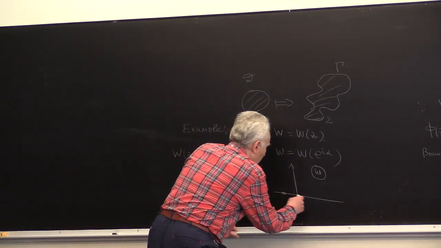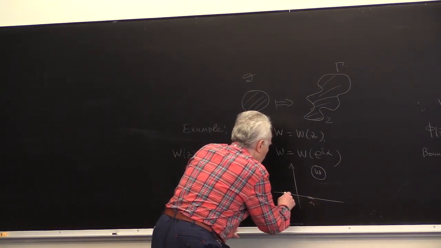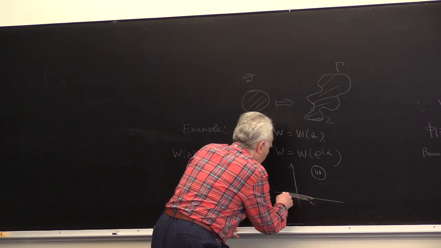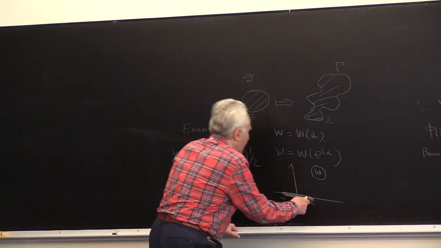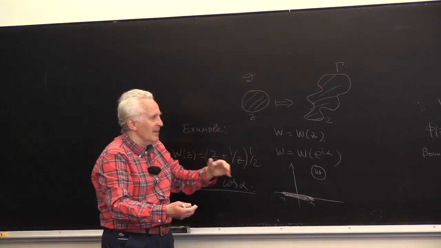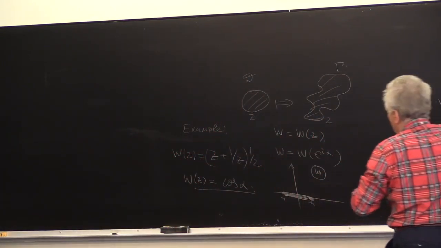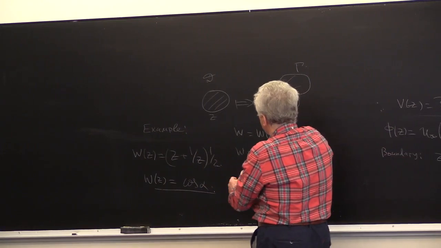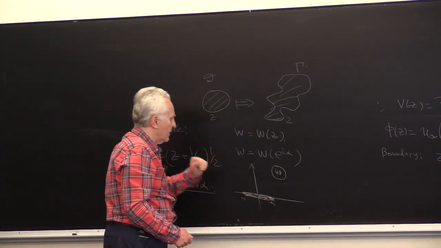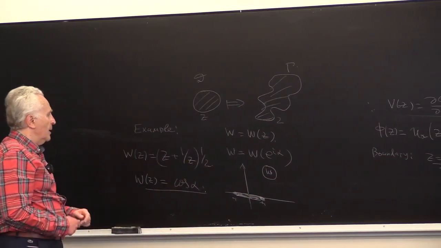So if you mark points here, -1 and +1, you will get an infinitely thin thing. The disk was compressed. It was just pressed from all sides, and it formed this singular line.